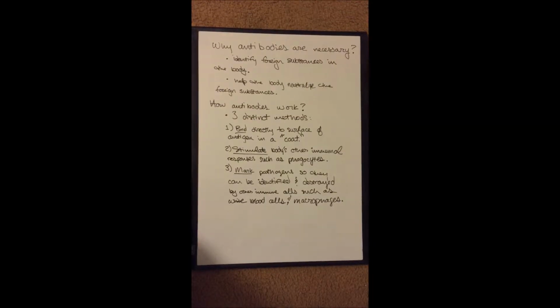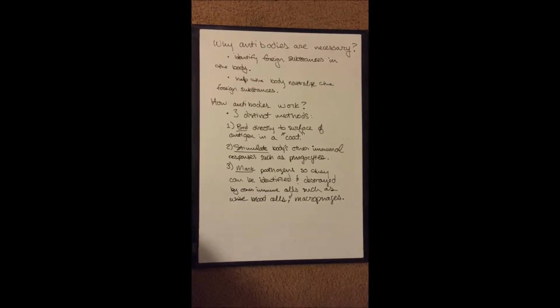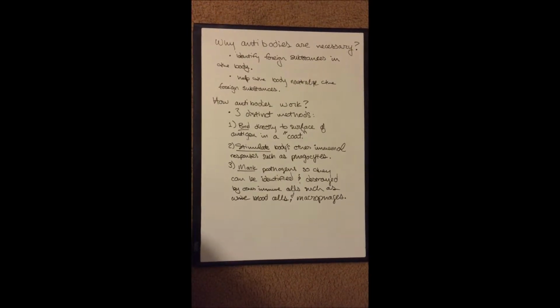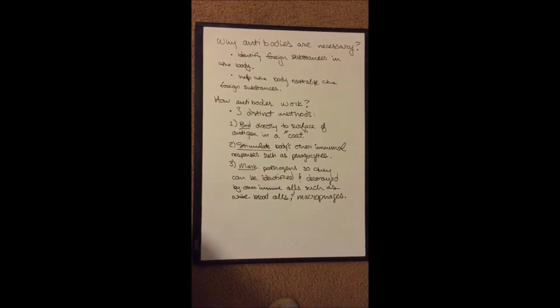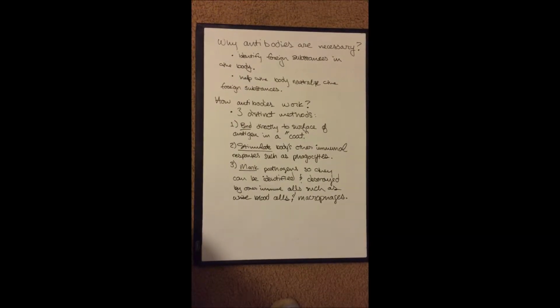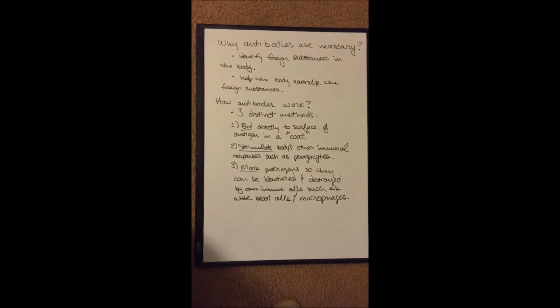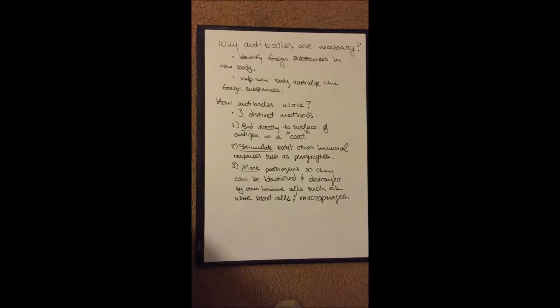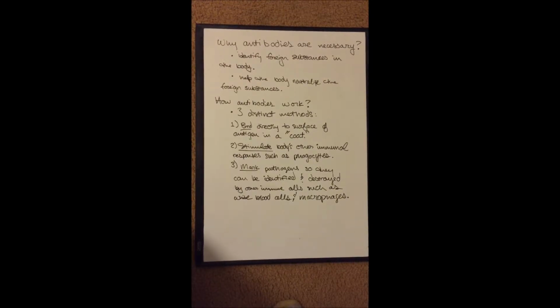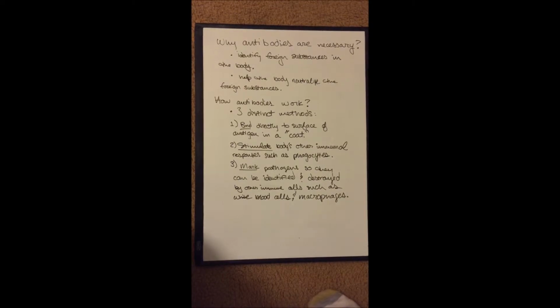So, why are antibodies necessary? Well, antibodies identify foreign substances that are in the body, and they also help the body neutralize these substances that it finds. And it can do it in 3 different methods. It could bind directly to the surface of the antigen and coat it, and so you can say, slow down the antigen from doing its job.